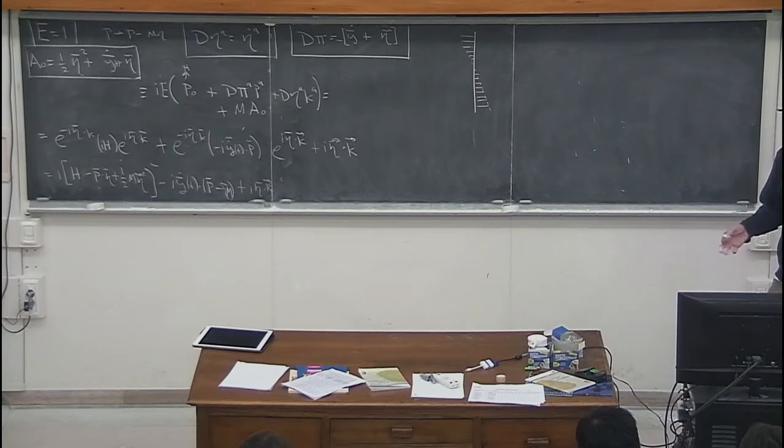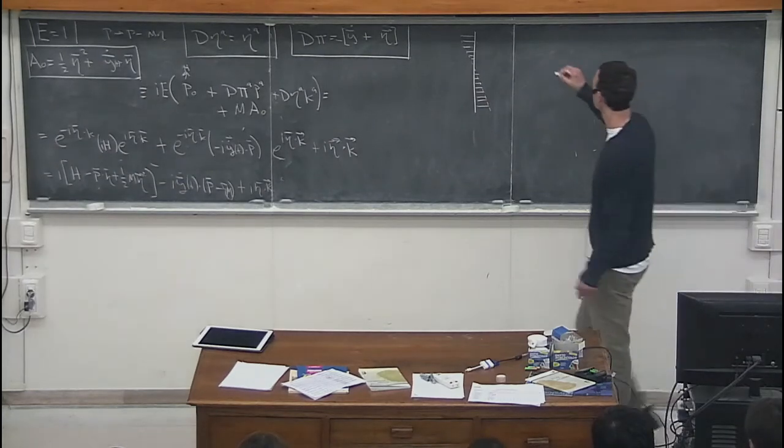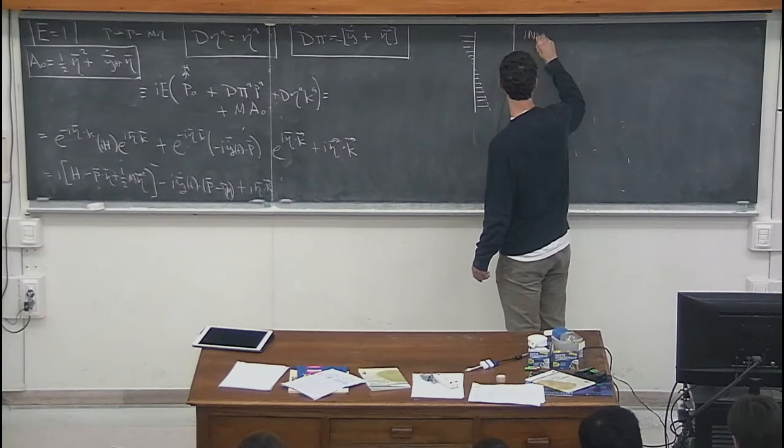So rotations and translations, once I make them local, are not independent of each other. This redundancy is sometimes called the inverse Higgs mechanism, and I think that's probably not the best term for it.